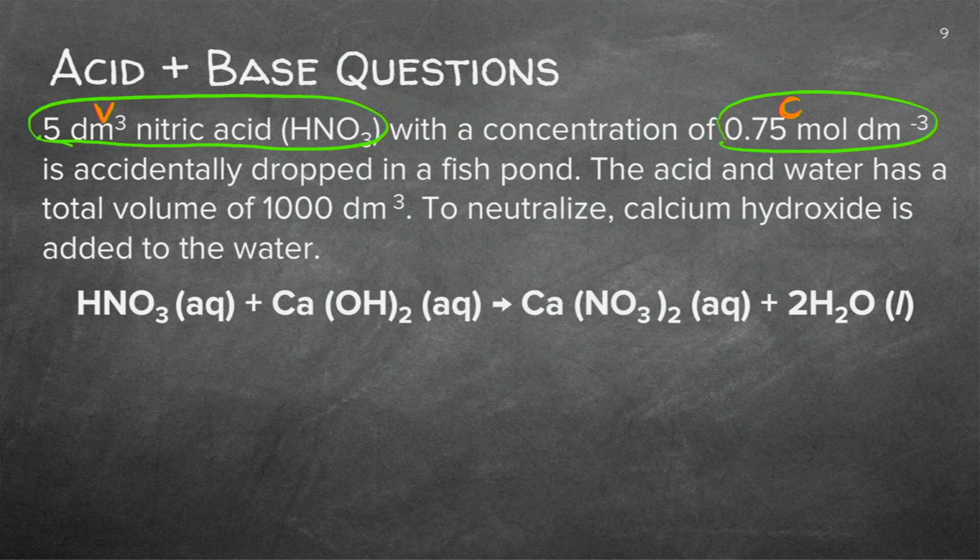It's accidentally dropped in a fish pond. The acid and the water has a total volume. Now I've got another volume again of 1,000 cubic decimeters. So I've got a volume there and I've got a volume there. So let's say this is the nitric acid volume and this is the water. To neutralize, calcium hydroxide, can you see calcium hydroxide? There it is, will be added to the water.